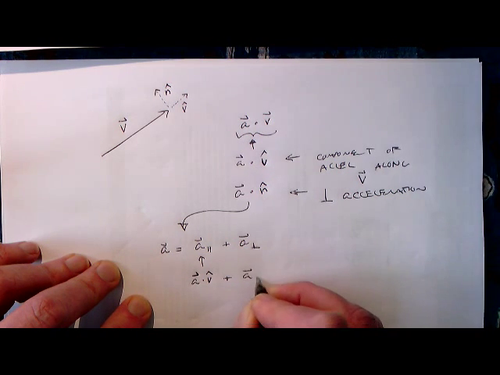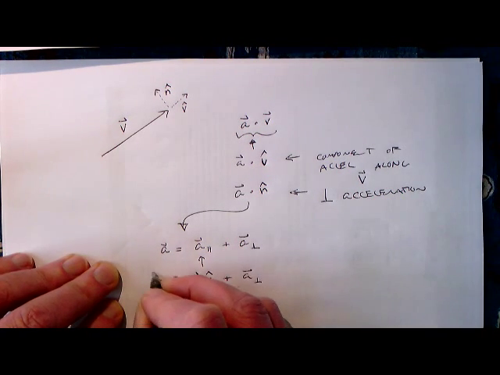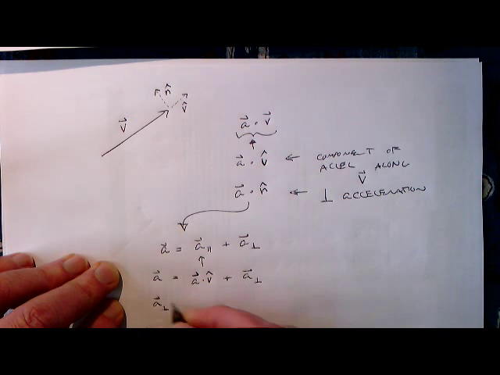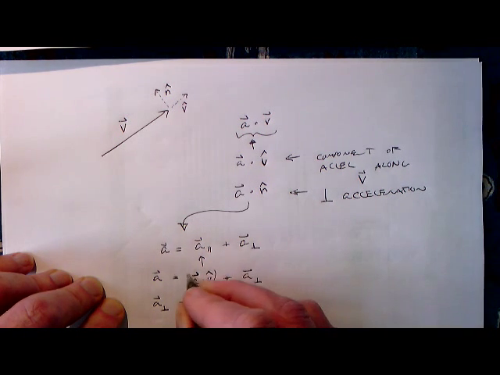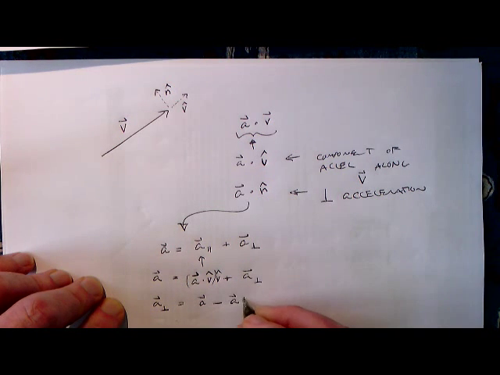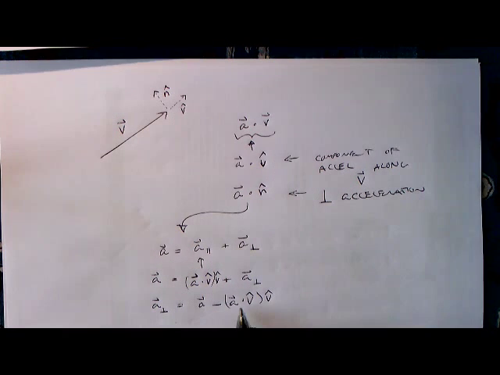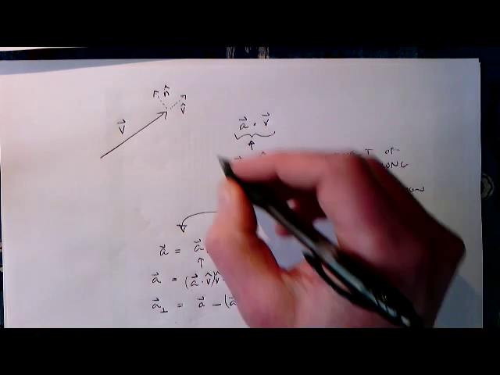If we call this a perpendicular, and this a parallel, then it's clear that a perpendicular is simply the original total acceleration minus however much acceleration is in the v hat direction. Then I have to multiply by the v hat direction, because this is just the magnitude of the acceleration in the v hat direction.